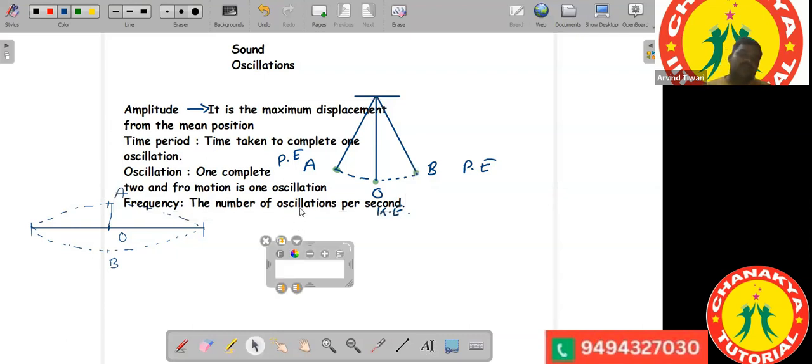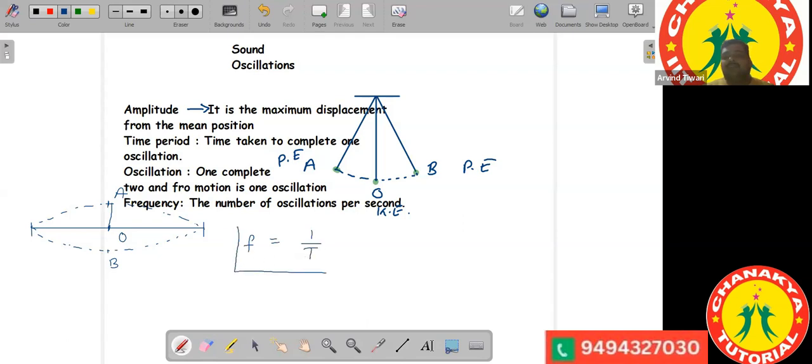Here, suppose we want to find out the frequency. If we represent frequency by the symbol f, I can write frequency equals 1 by time period. This is a very fundamental relationship between frequency and time period. Time period is the time taken to complete one oscillation.